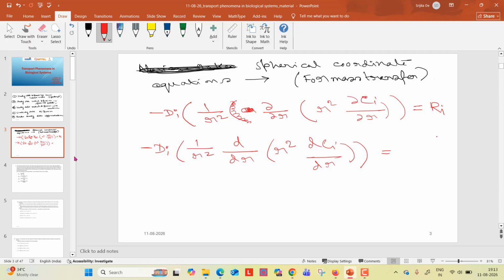For any kind of enzymatic kinetic reaction, the basic equation we have studied is the Michaelis-Menten equation.